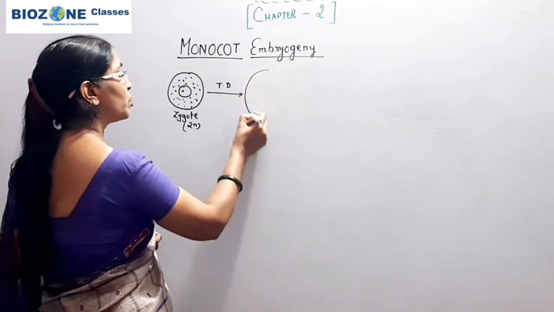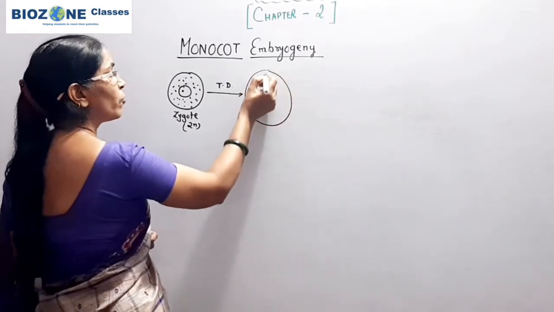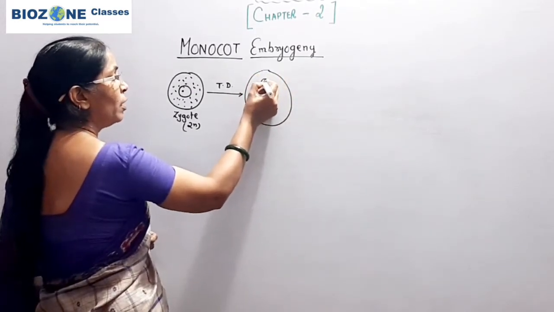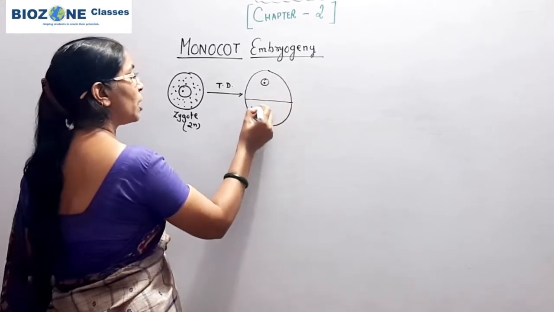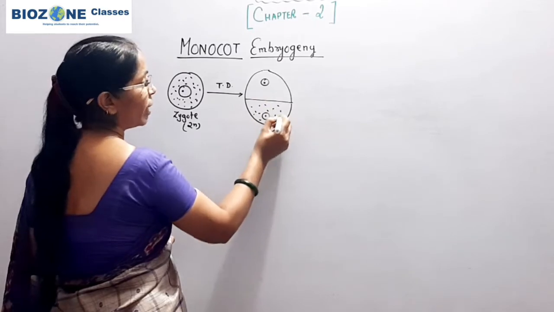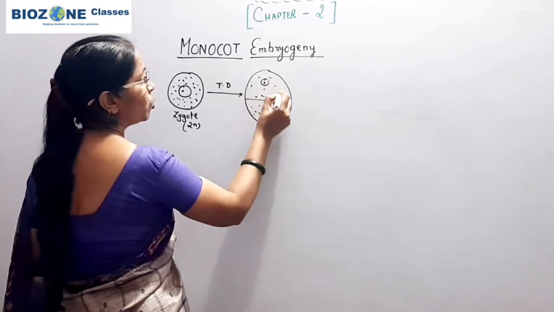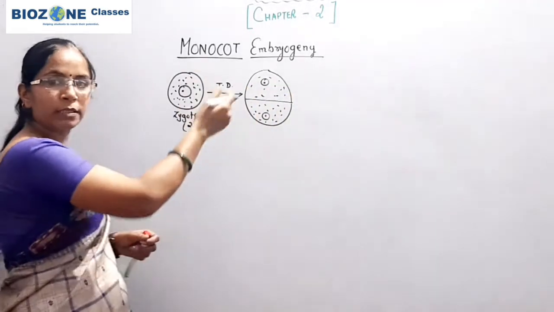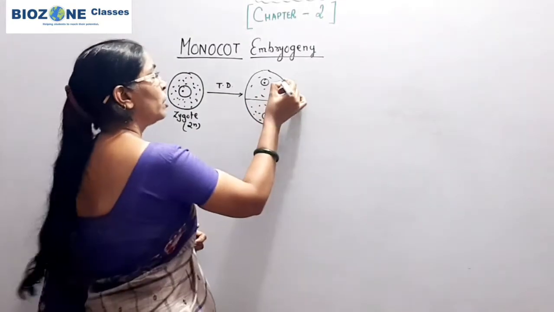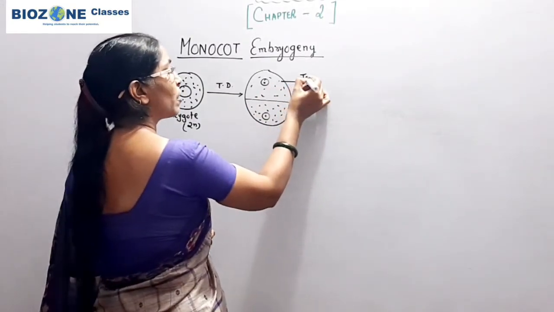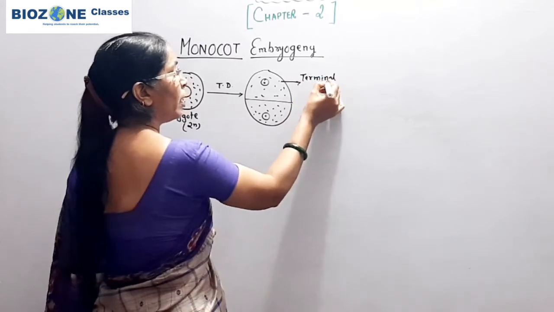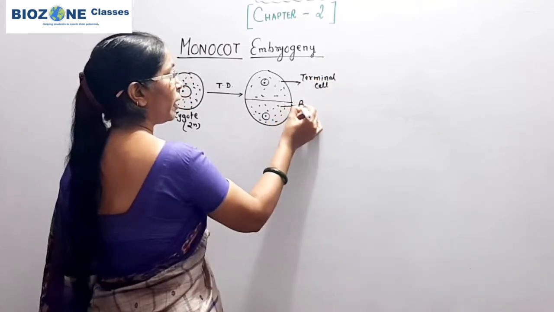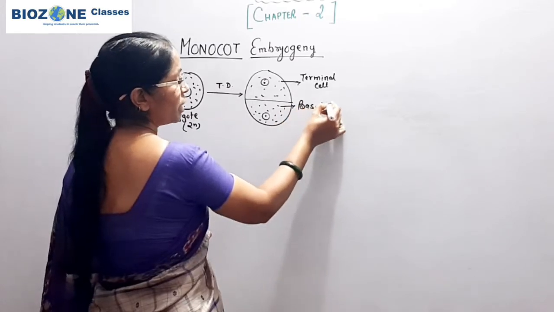Due to transverse division, first two nuclei are formed, and then the cell wall is formed by cytokinesis. So two cells are formed here as we discussed in dicot embryo. The upper is called the terminal cell and the lower is called the basal cell.